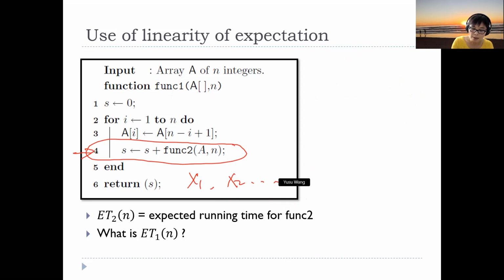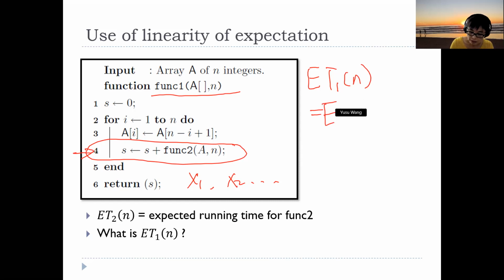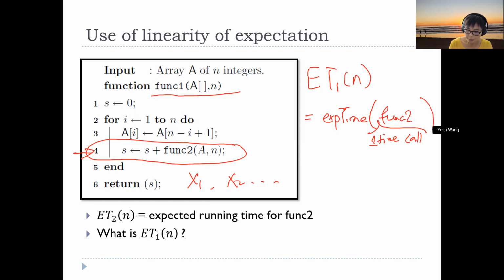And our total expected time for function 1 is simply the running time for the first call plus the second call.